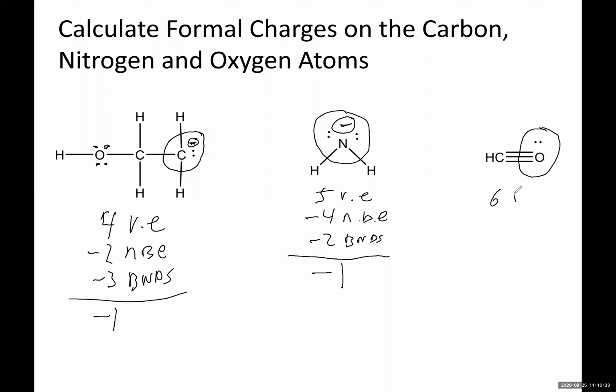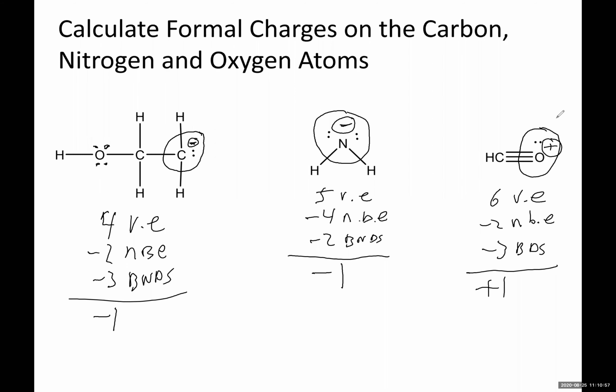That's 6 valence electrons. We have 1 lone pair on it, so that's 2 non-bonded electrons, right? And there are 3 bonds to the oxygen, a triple bond. So 6 minus 2 minus 3 is plus 1. So the oxygen has a plus 1 charge, right?